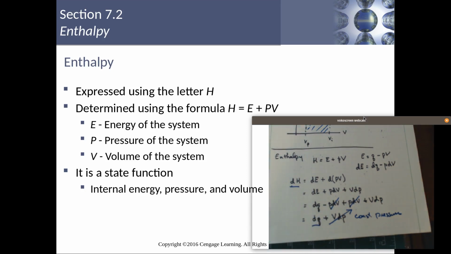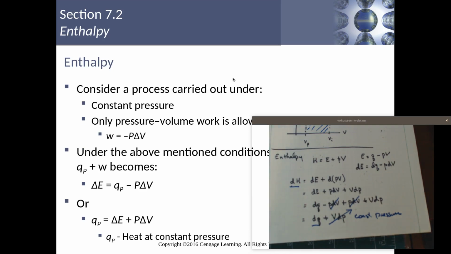Now again, this is a state function. It only depends upon the initial and final. So it's a proper state function. It does not depend upon the pathway that's taken to go between the two different states of the system. And to put into perspective what enthalpy is, it's a measure of the energy that's required to accommodate the system.